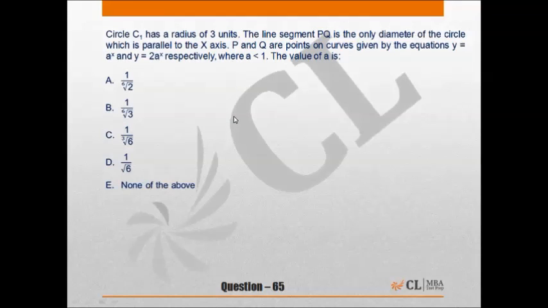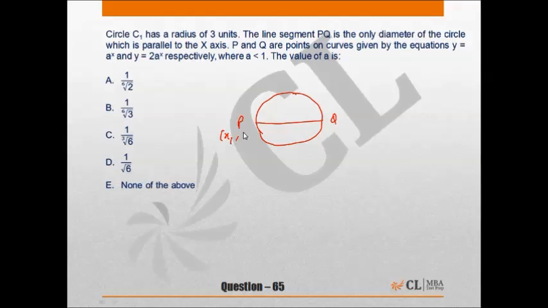Circle C1 has a radius of 3 units. The line segment PQ is the only diameter of the circle which is parallel to x-axis. So the figure would look like this. PQ is a line parallel to x-axis. Therefore the y coordinates of these 2 points should be the same, but their x coordinates will be different.